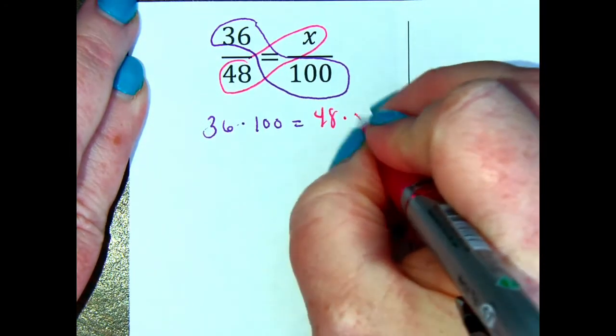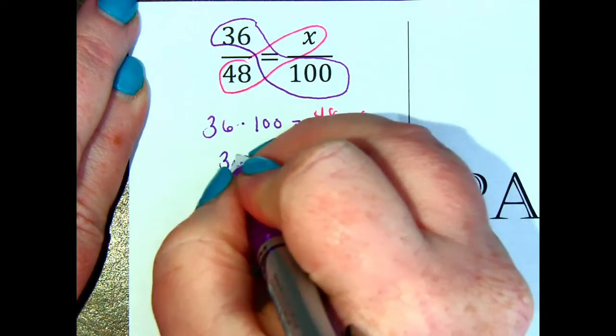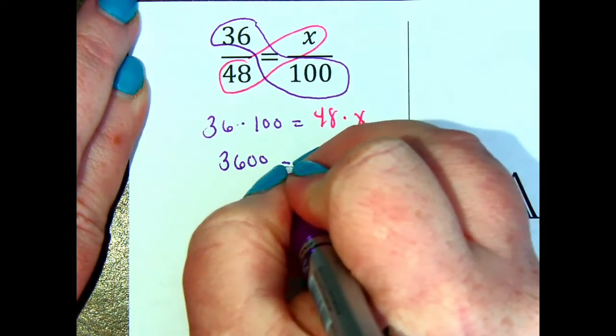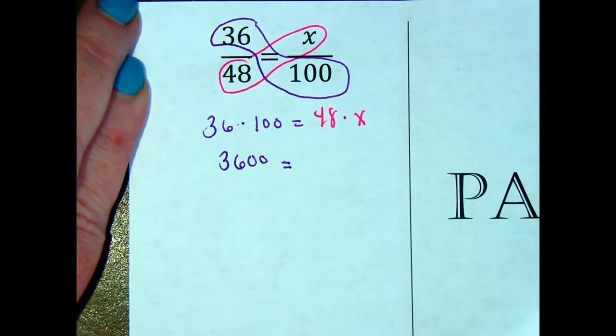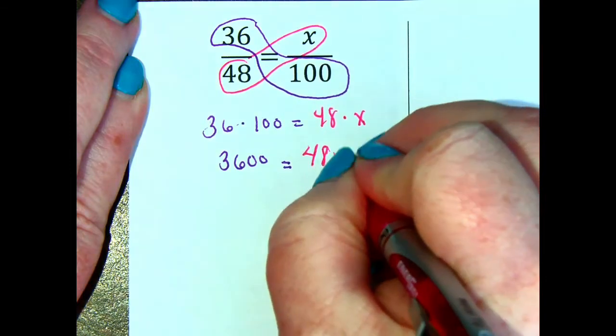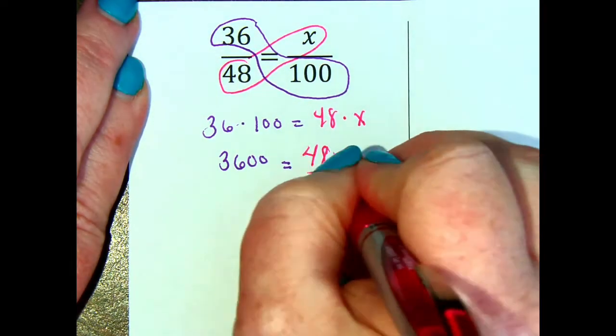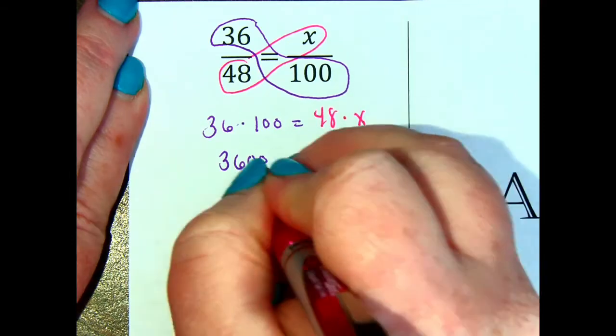48 times x. Well, 36 times 100 is 3,600, and yes, you may use calculators to do this if you need it. And 48 times x we just rewrite as 48x. Then, if you remember, I divide by what is in front of my variable.